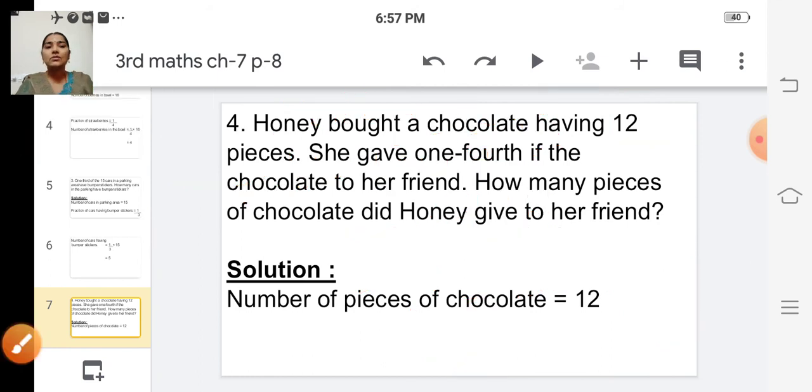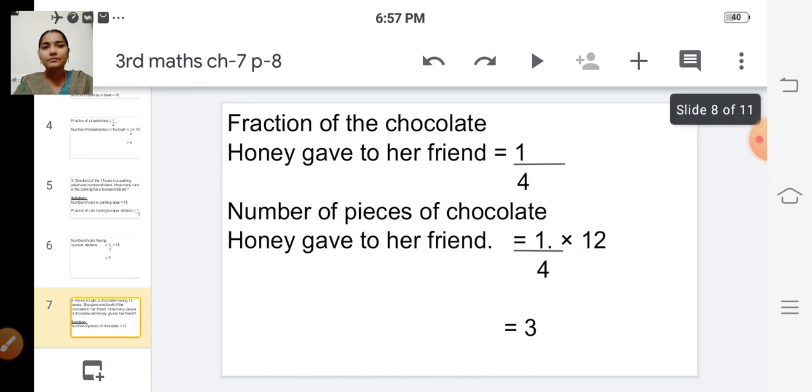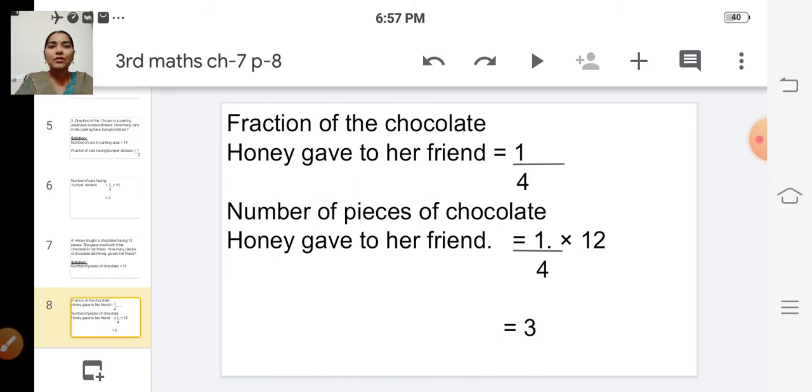Okay, see the solution. Number of pieces of chocolate is equal to 12. Fraction of the chocolate Honey gave to her friend is equal to 1 by 4. Number of pieces of chocolate Honey gave to her friend is equal to 1/4 of 12 chocolates.